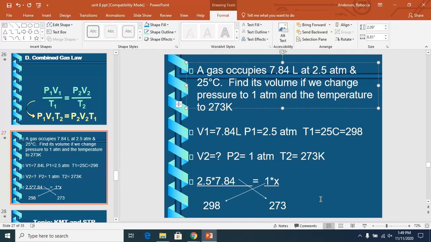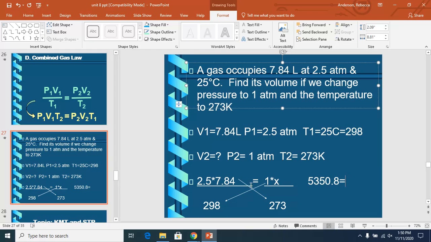So you can cross multiply. When we do that, you do 2.5 times 7.84 times 273. So plug that in my calculator. 2.5 times 7.84 times 273 is a pretty big number: 5,350.8 equals, and then we multiply all the others.